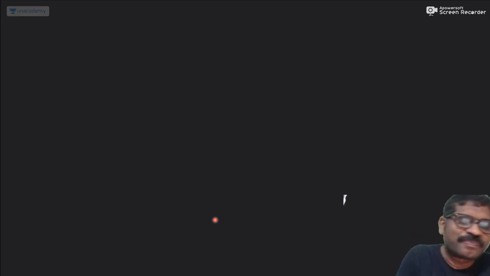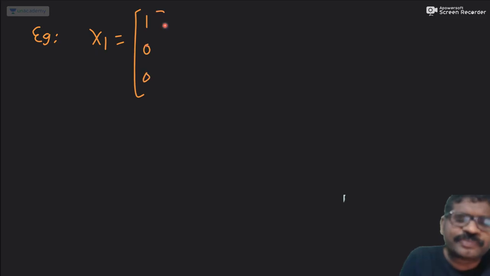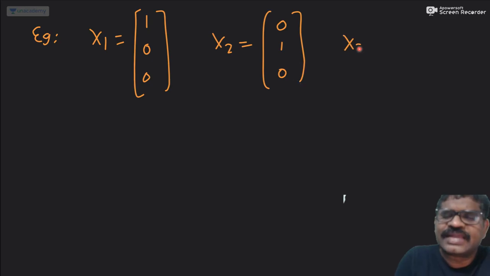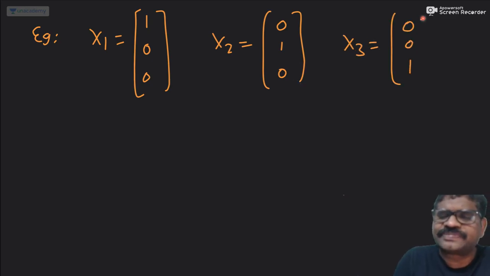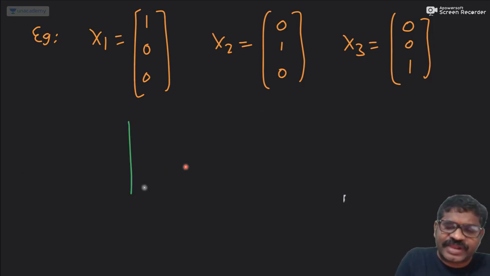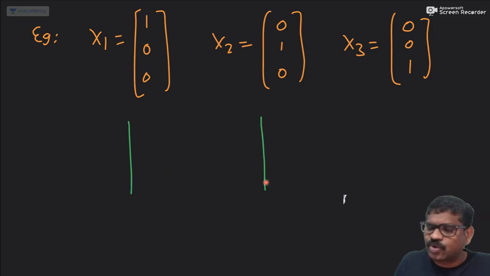First example. X1 is (1, 0, 0). X2 is (0, 1, 0). X3 is (0, 0, 1). Now, if you arrange all the vectors in a determinant, either row wise or column wise, it doesn't matter, because rank of A and rank of A transpose are the same, and determinant value of A and determinant value of A transpose are also the same.